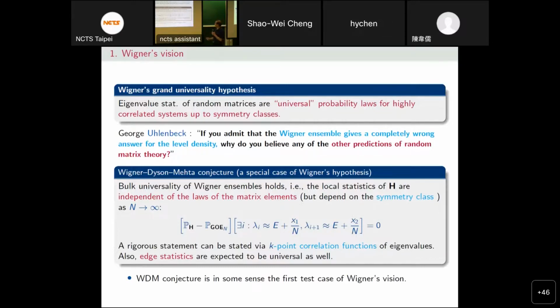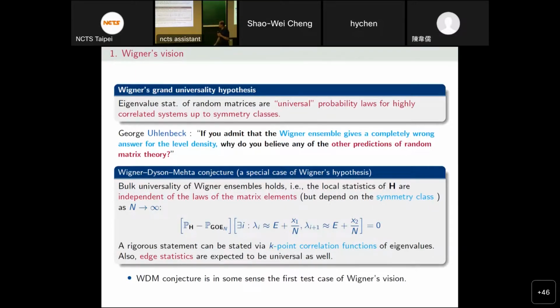This is a type of statement called universality: the local eigenvalue statistics are independent of the matrix element distribution. But I want to mention two things. For real and complex matrices, you have different laws, so it depends on the symmetry class.